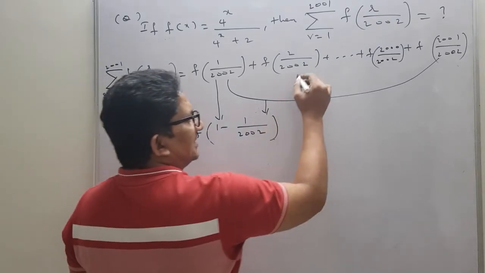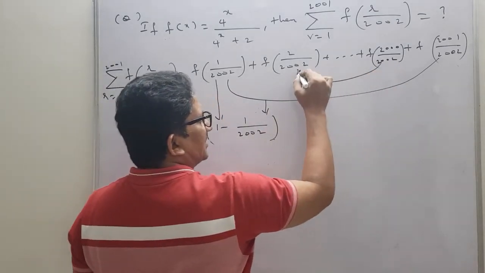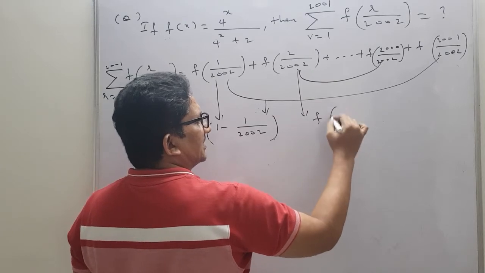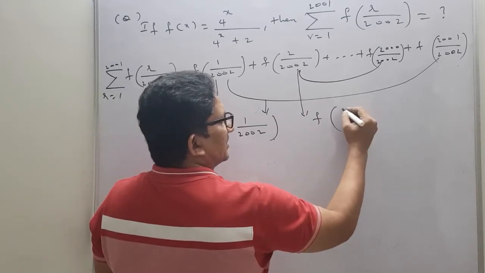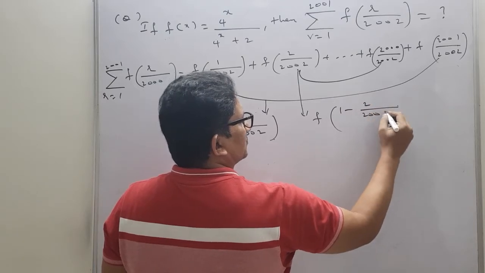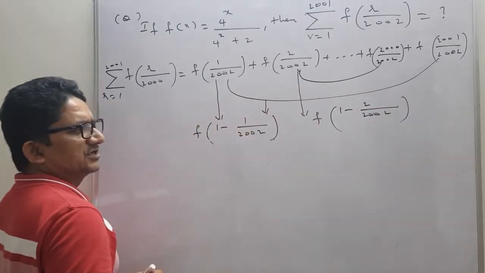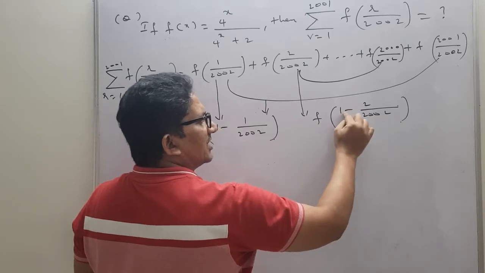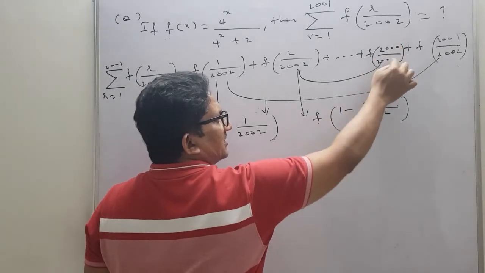And like that, these two will be paired, and this we can write like this: f of 1 minus 2 divided by 2002. So that is 2002 minus 2, that will give 2000 divided by 2002.